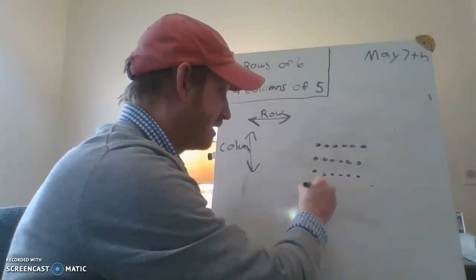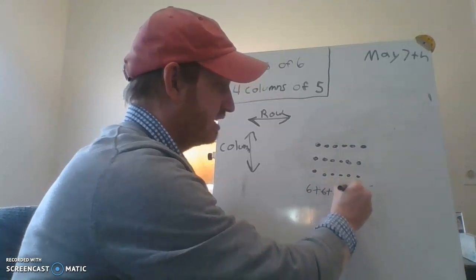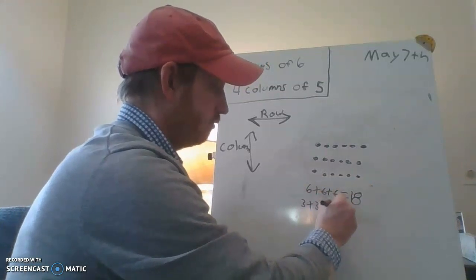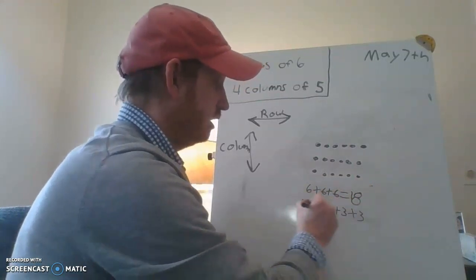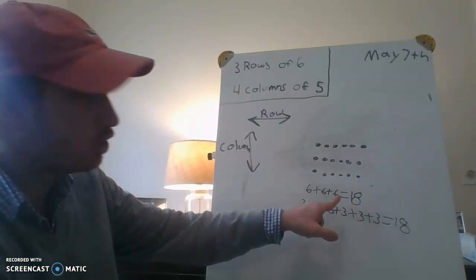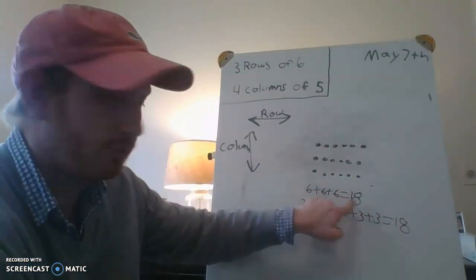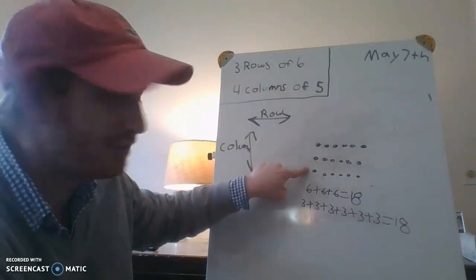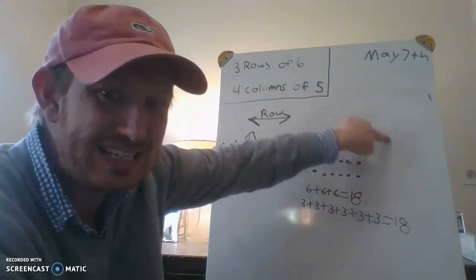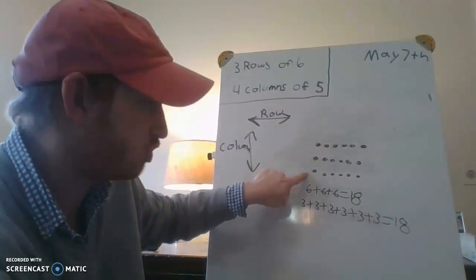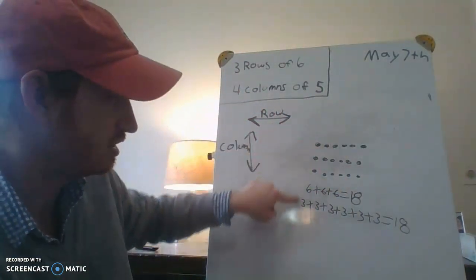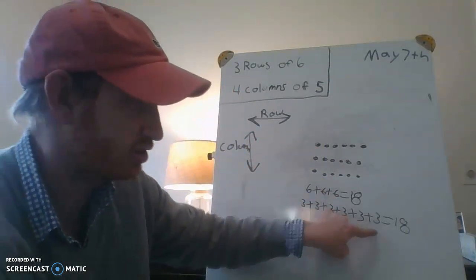We had 6 plus 6 plus 6 equals 18, and 3 plus 3 plus 3 plus 3 plus 3 plus 3 is 18. The answer should always be the same for both, because we're counting in different ways, but the number is not changing. There's always 18 dots in this array. It's just, are we counting by rows, 6 plus 6 plus 6, or by columns, 3 plus 3 plus 3 plus 3 plus 3 plus 3?